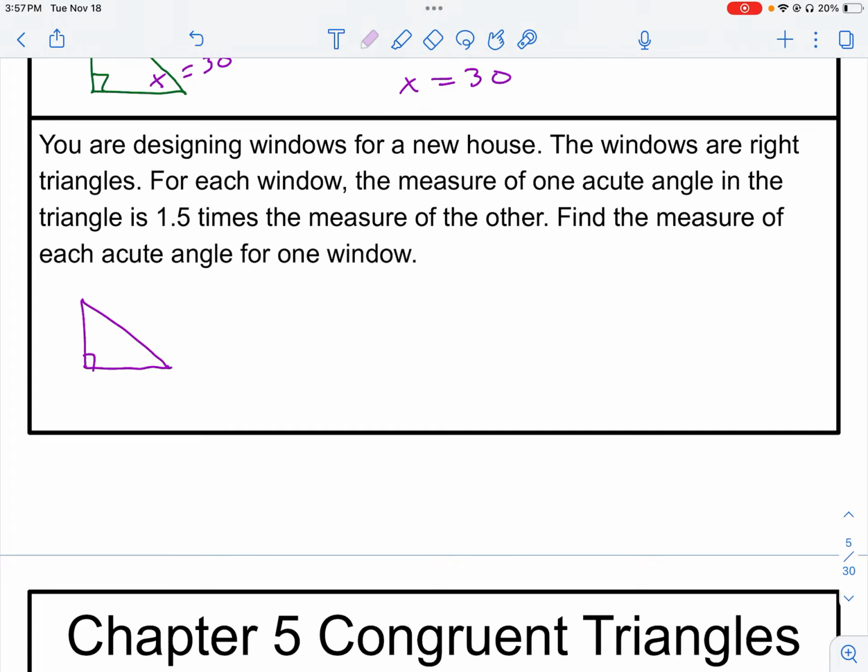The other is, we don't know. So let's call it x. So we have x, and we have 1.5 times that. So once again, we just set it up. Their measures go together. When summed up, equal 90 degrees.